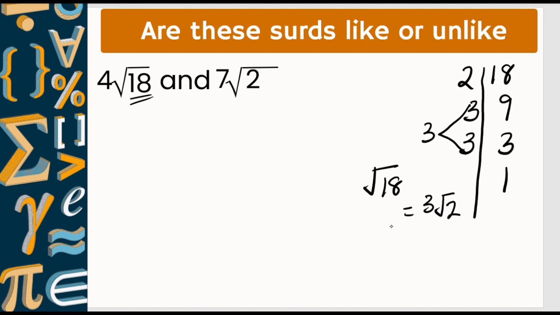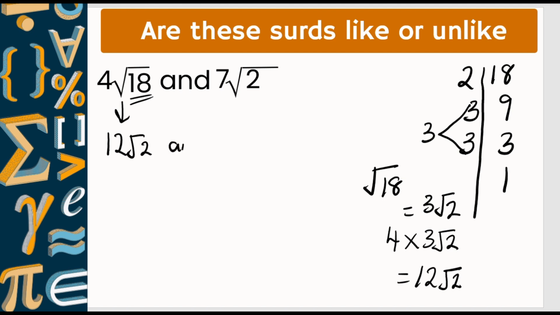So I'll now have 4 times 3 root 2, and that will give me 12 root 2. So I've reduced 4 root 18 to its simplest form, which is 12 root 2, and I'm comparing with 7 root 2. So therefore, I will say that 4 root 18 and 7 root 2 are like surds.